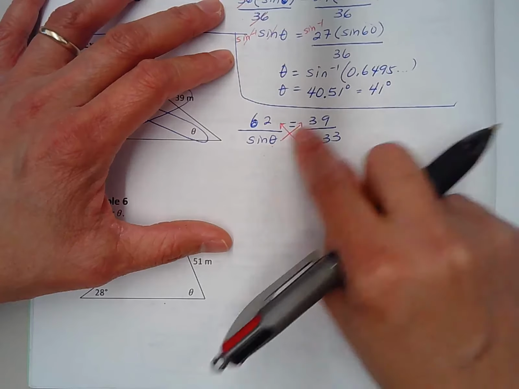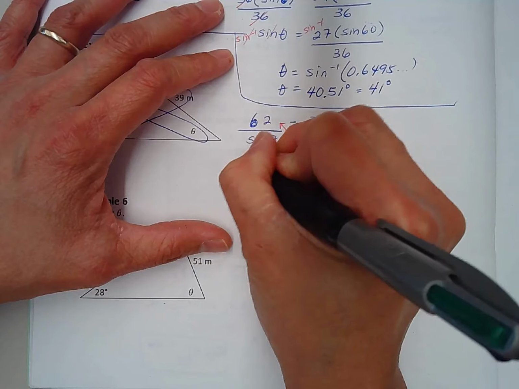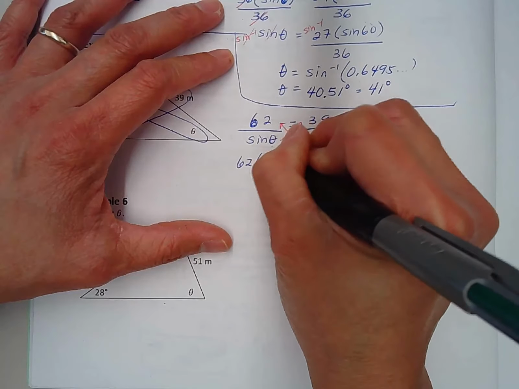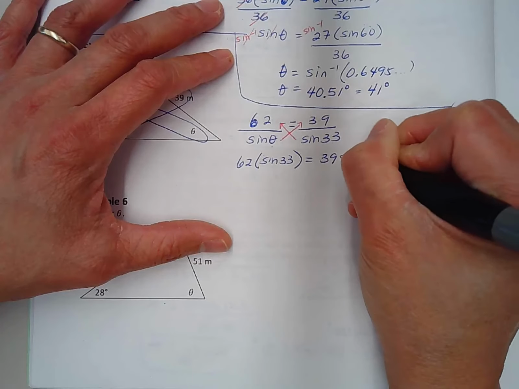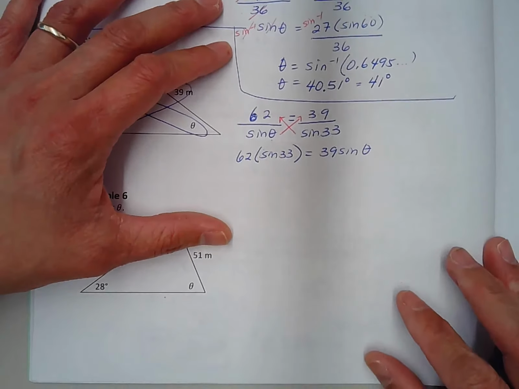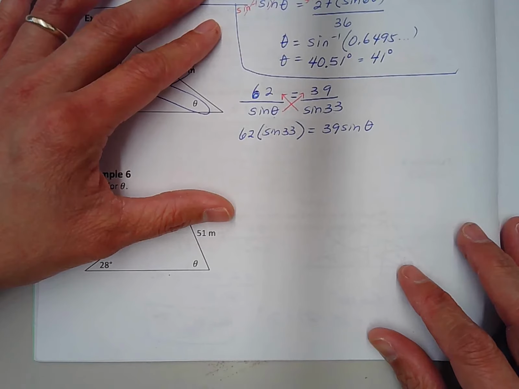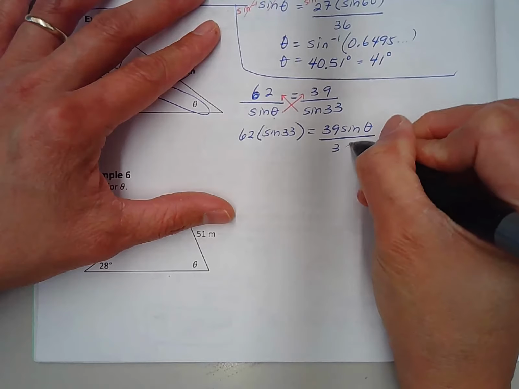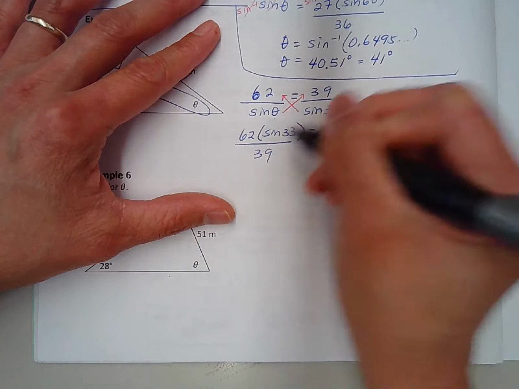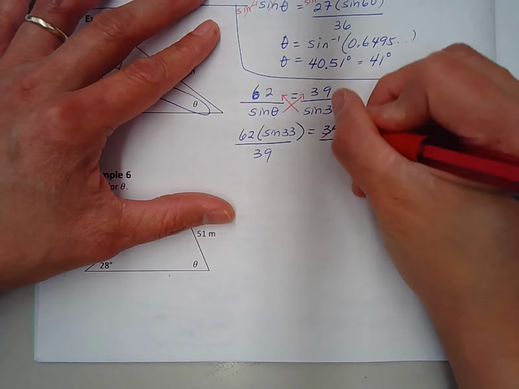Cross multiply, so 62 times sine of 33 equals 39 times sine of theta. We're going to slowly get the theta alone by itself. Divide by 39 to cancel the 39.